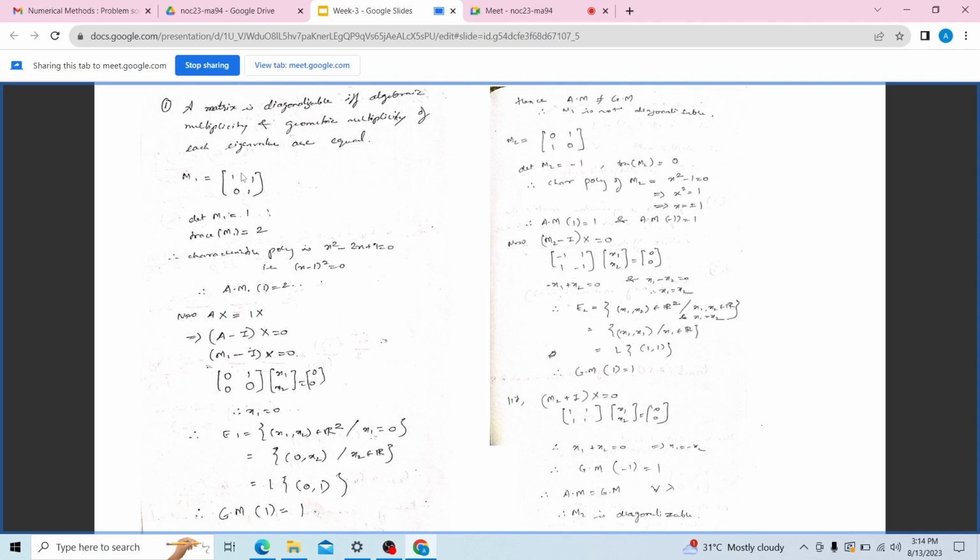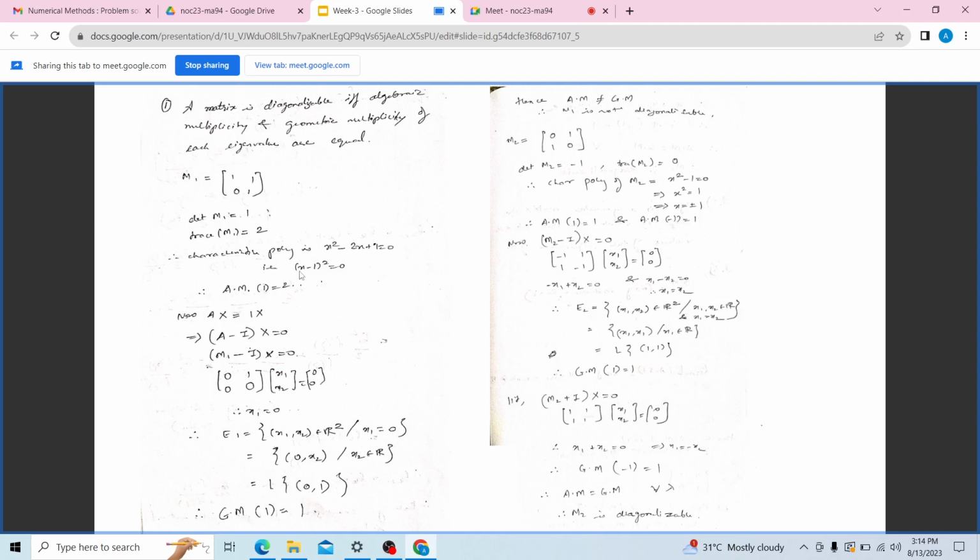Trace means you add the diagonal elements, so 1 plus 1 equals 2. The characteristic polynomial of M1 is x square minus trace times x plus its determinant. So you get the equation x square minus 2x plus 1 equals 0, that is (x minus 1) whole square equals 0.